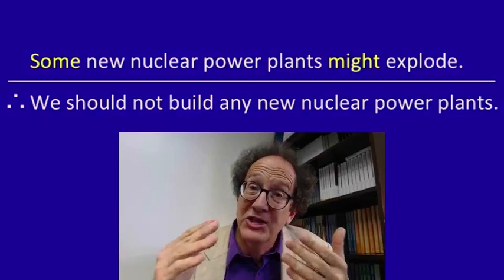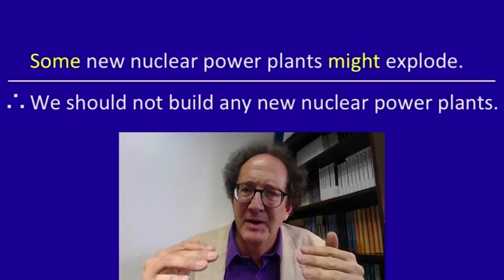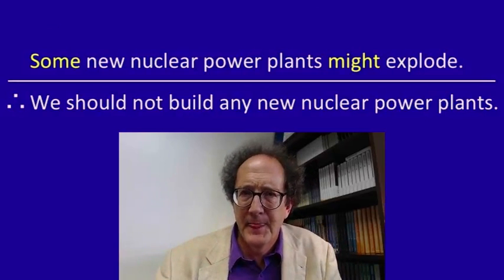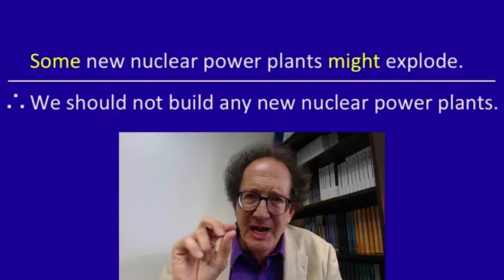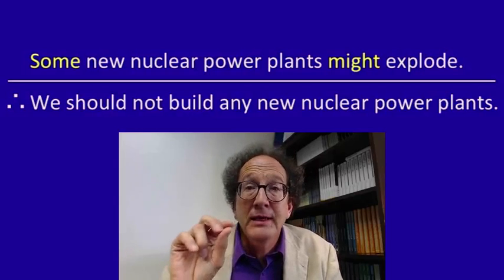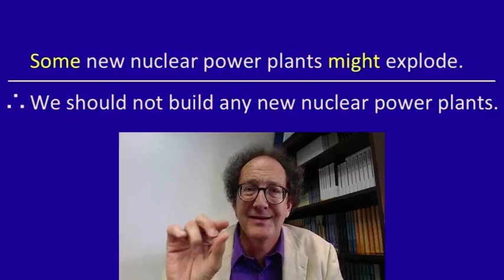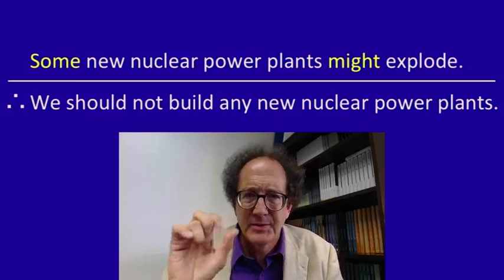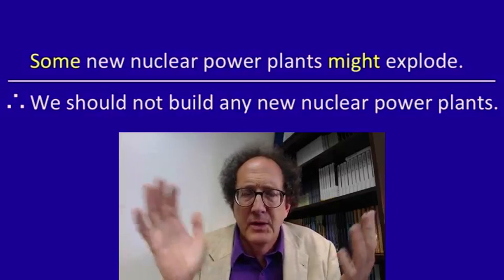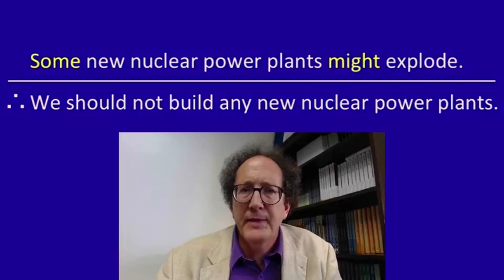So what you're suggesting is not just that it might happen, but that it's likely to happen. And if the chance of it happening really is so slight as to be negligible, then you've weakened the premise too much. And it's not going to follow that we shouldn't have nuclear power plants.